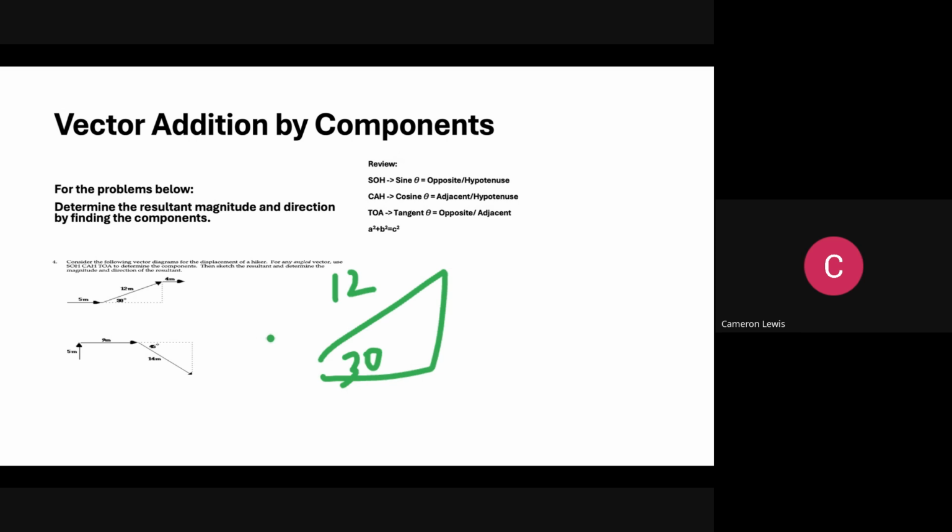Here, right? And then we want to find this one, or this could be y, or this could be opposite, and this could be adjacent, right?